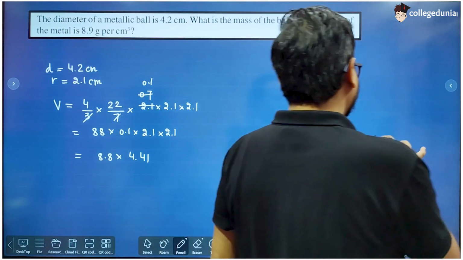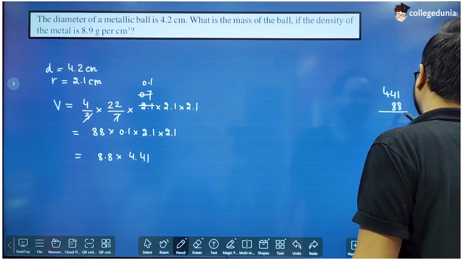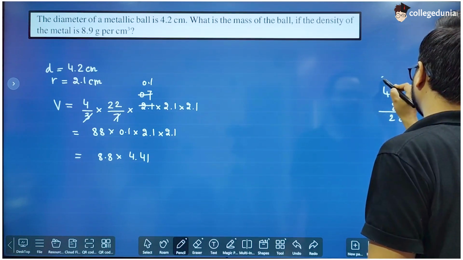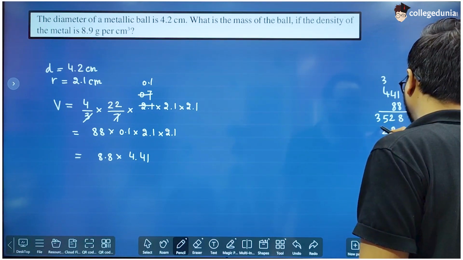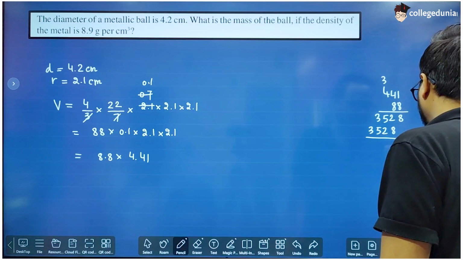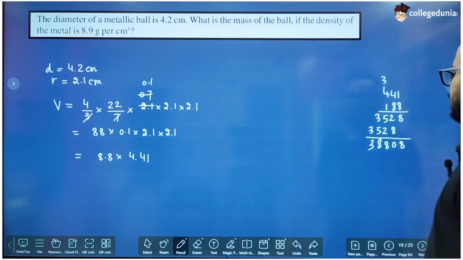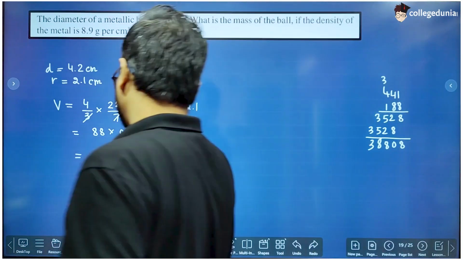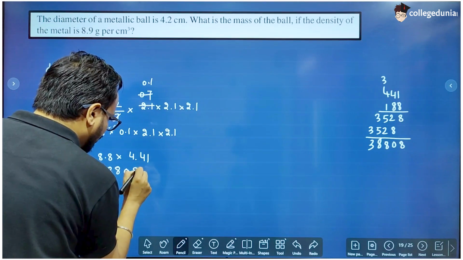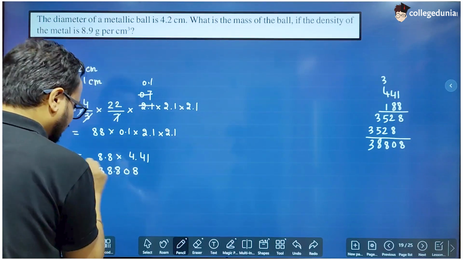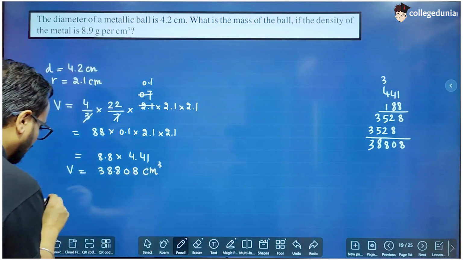Now let's calculate this. 441 into 88 is 38808, with the decimal placed here. So this is the volume in centimeter cube.